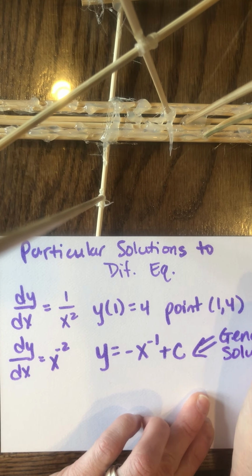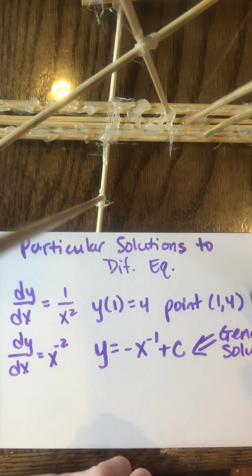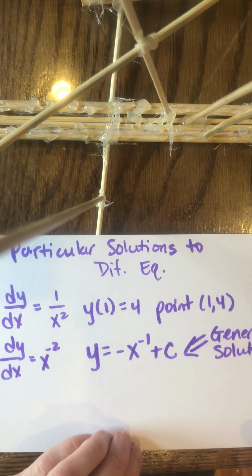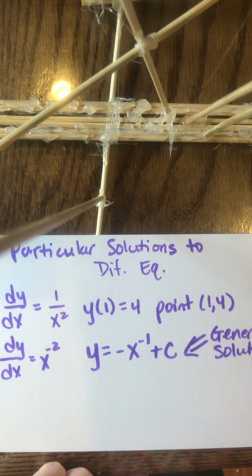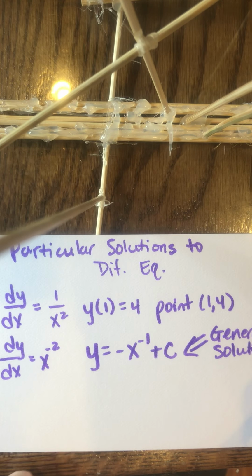I am now going to use the initial condition that I was given to find the particular solution that I'm looking for. The particular solution, again, is just a fancy way of saying I want one exact or particular antiderivative. And the antiderivative that we're looking for must contain the point (1, 4).